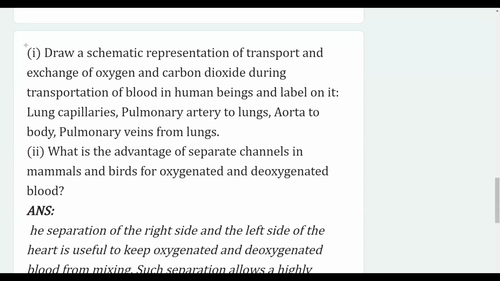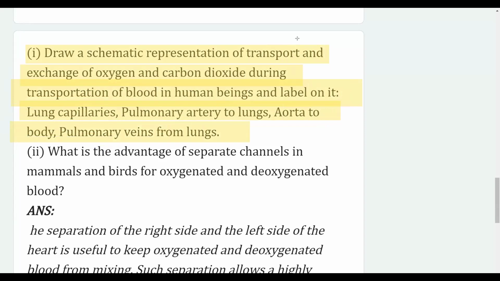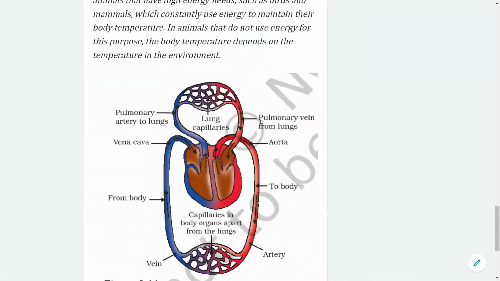The next question says, draw the schematic diagram for the representation of the transport and exchange of oxygen and carbon dioxide during the transportation of blood in human beings. It includes the lung capillaries, pulmonary artery to lungs, aorta, body, and the veins from the lungs. You will make this as the diagram given in your textbook.